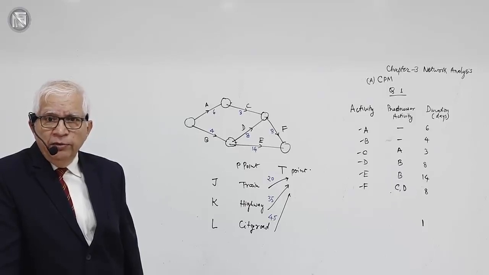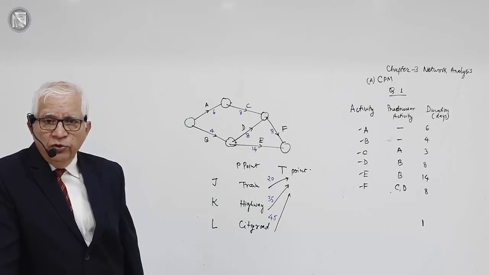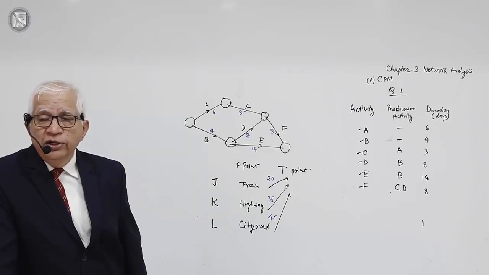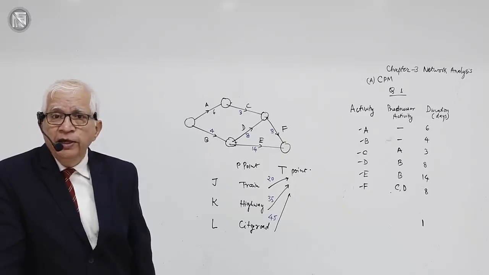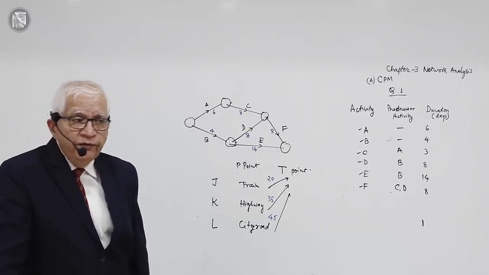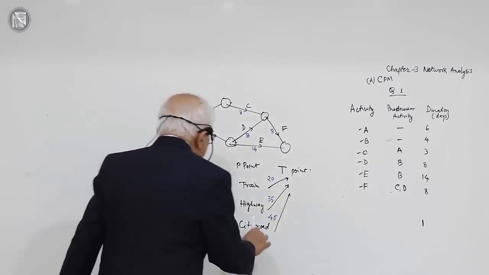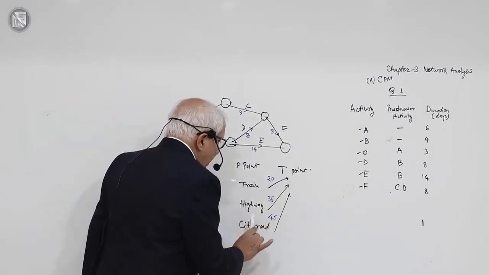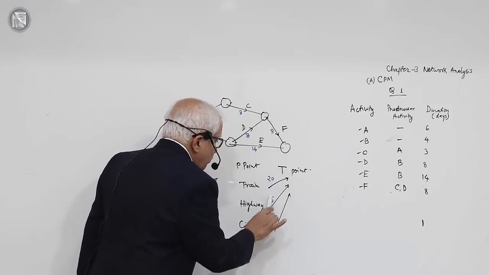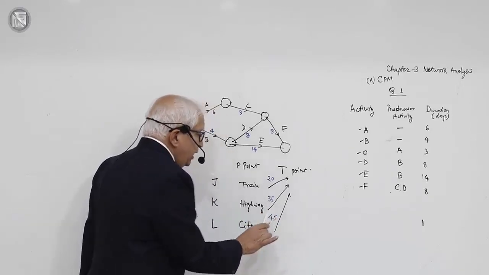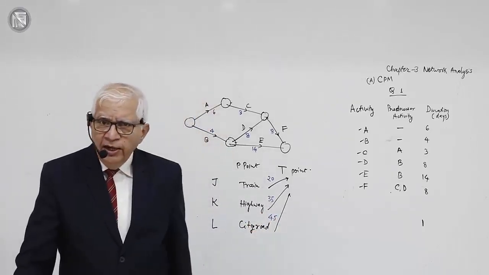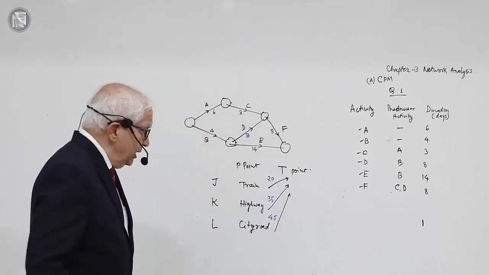They can get down from the train, have a cup of tea, chat, make some phone calls, and yet reach the destination before 45 minutes, because they have lots of spare time to the extent of 25 minutes. The second team K, which is going by highway, has spare time to the extent of only 10 minutes. So they still have time for a cup of tea. They can still reach in time.